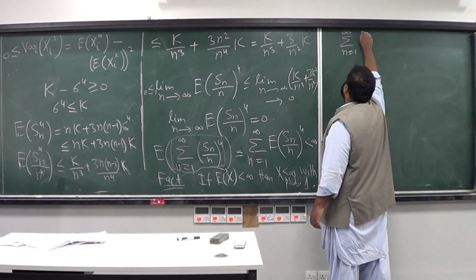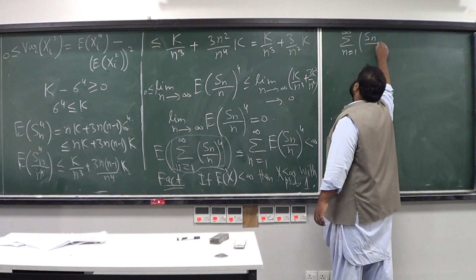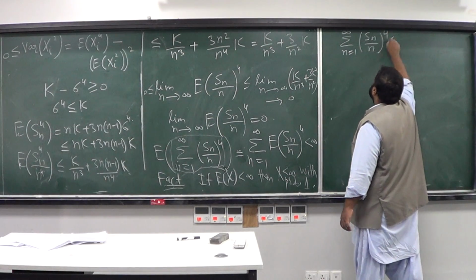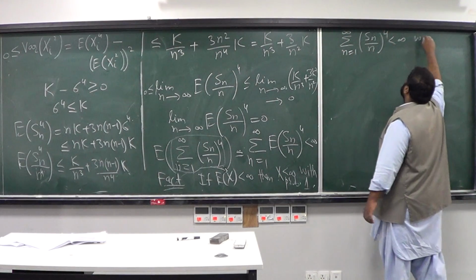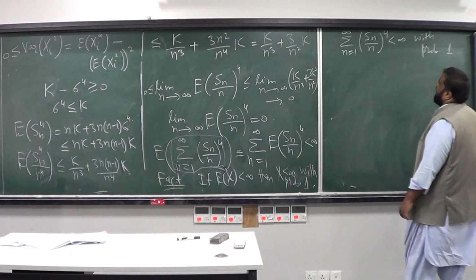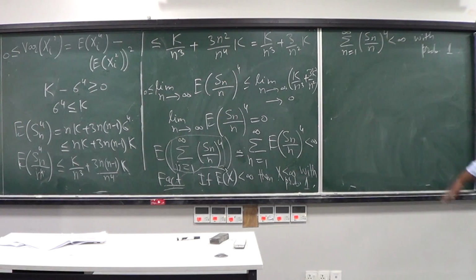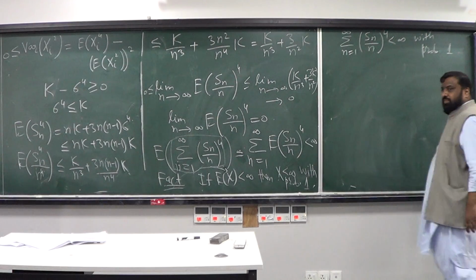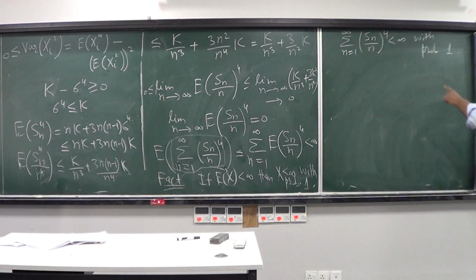In other words, the sum from n equal to 1 to infinity of Sn power 4 is finite with probability 1. In other words, the probability of this happening is equal to 1. The omegas for which this will happen has probability 1.